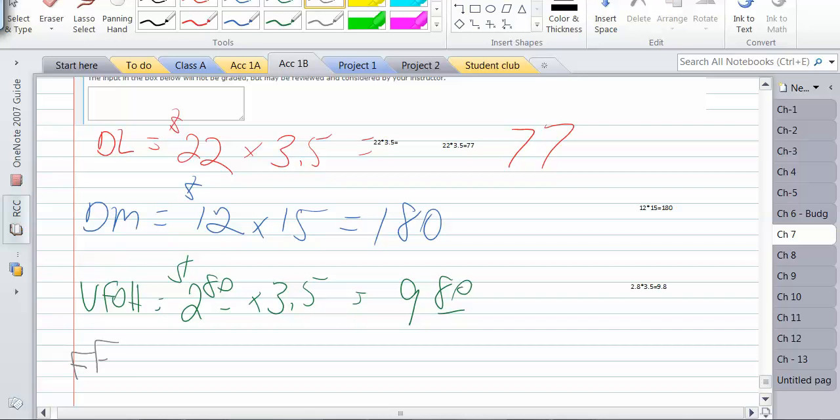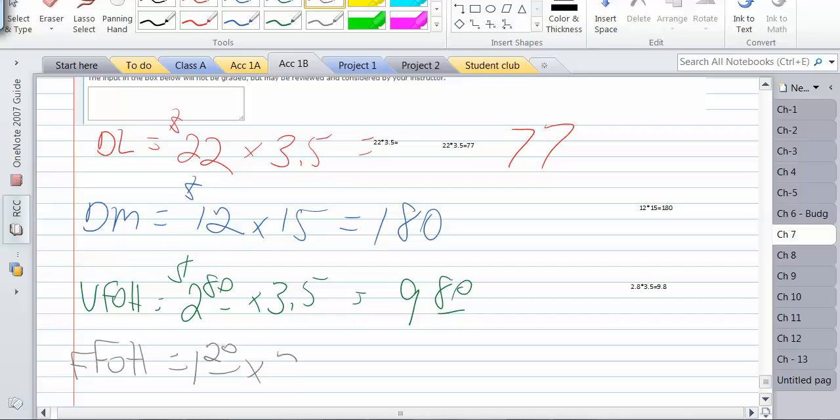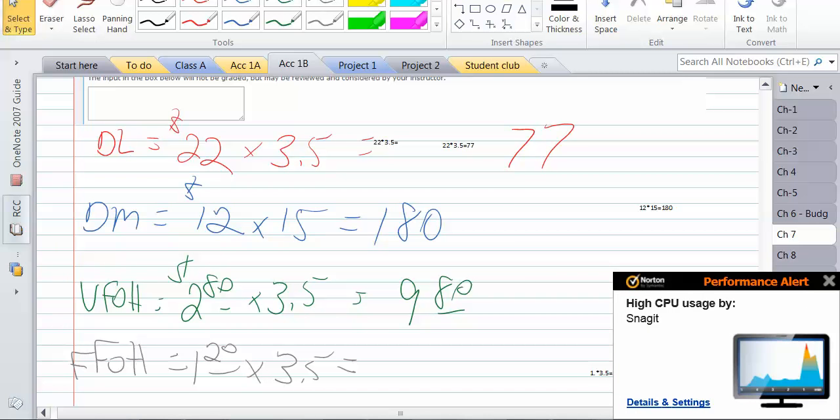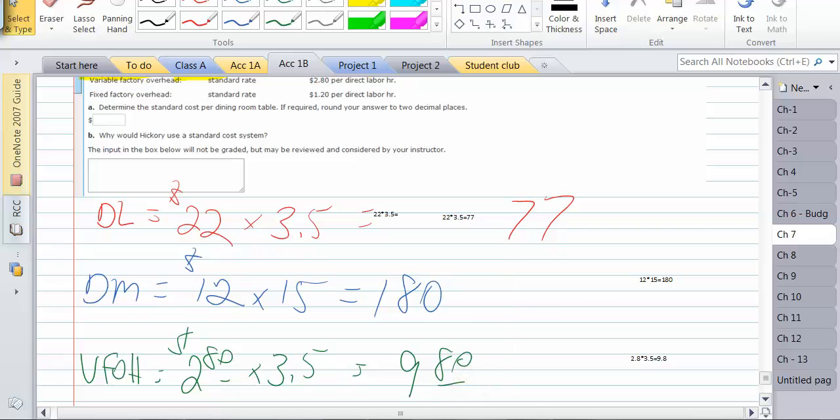So our fixed factory overhead equals $1.20 times 3.5. That's 4.2, or $4.20.